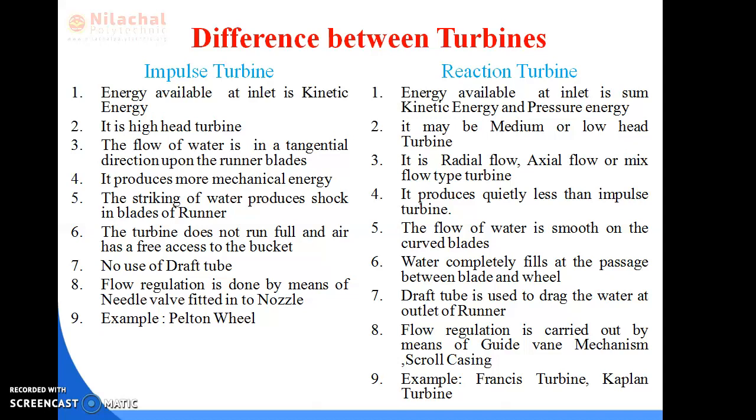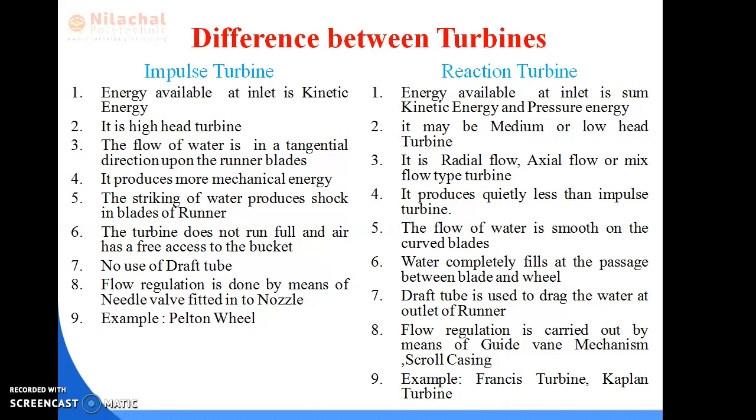The movement of the spear inside the nozzle allows the flow of water to be more or less as it strikes the bucket. But in case of a reaction turbine, guide vanes are used, which also control the flow of water. So the movement of the guide vanes regulates the flow of water.